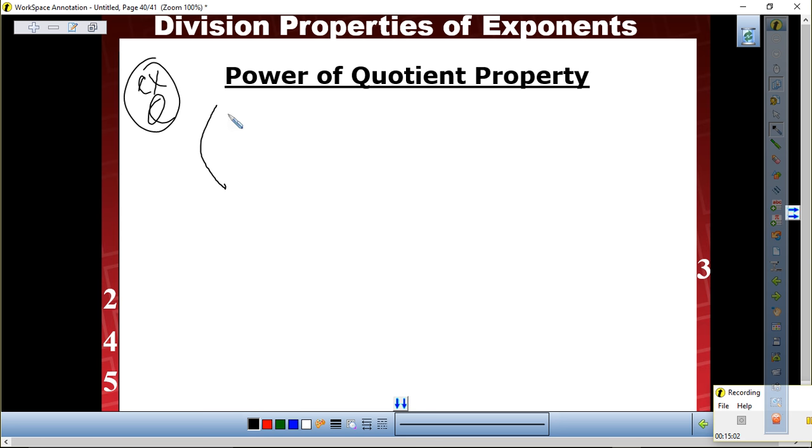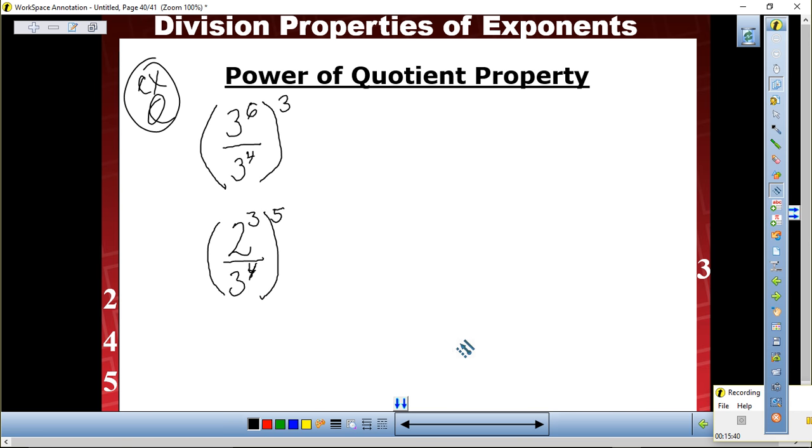Parenthesis, 3 to the 6 over 3 to the 4th, close parenthesis, raised to the 3rd power. Underneath that, copy this: parenthesis, 2 to the 3rd over 3 to the 4th, close parenthesis, and that one raised to the 5th power.